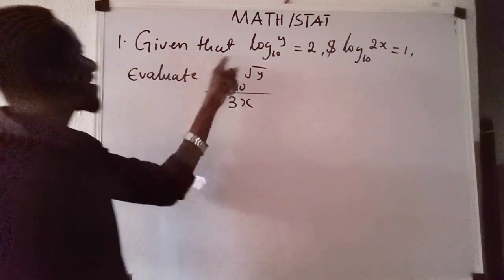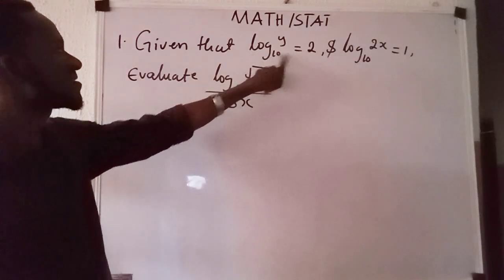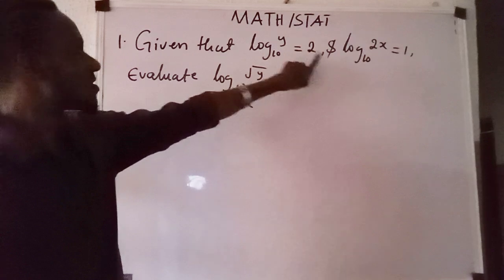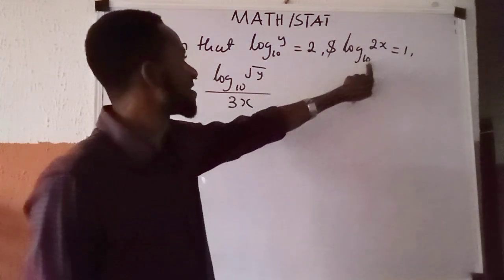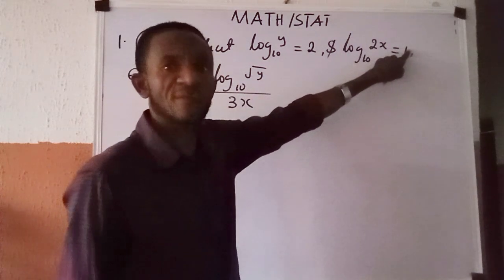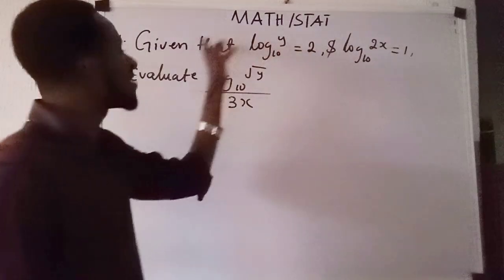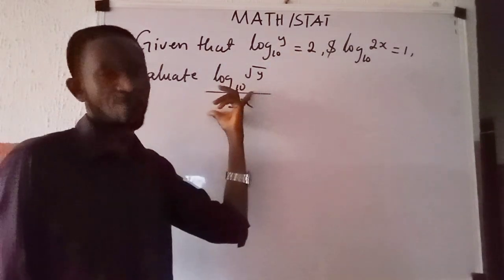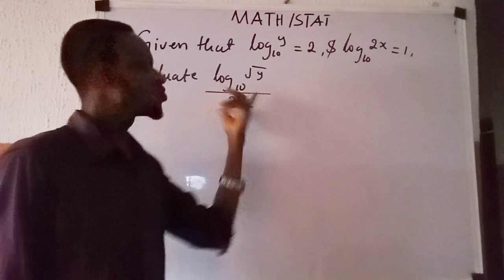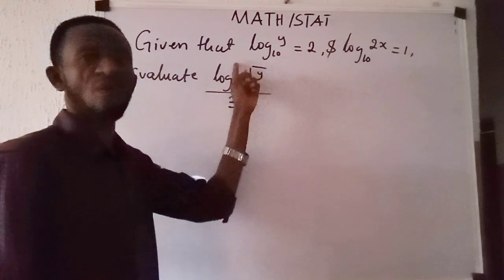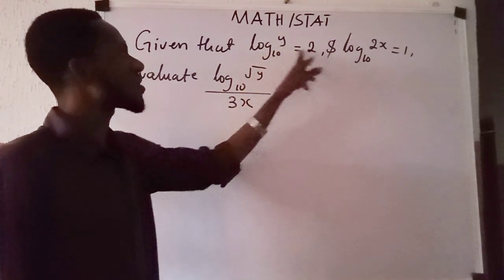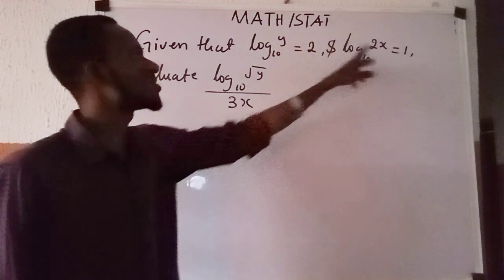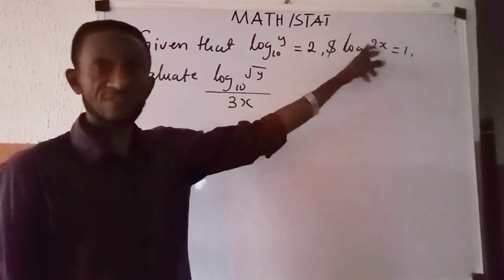It says, given that log y base 10 equals 2 and log 2x base 10 equals 1, we should use this information to evaluate this problem. So our getting this problem correctly depends on our doing necessary transformations in these logs.